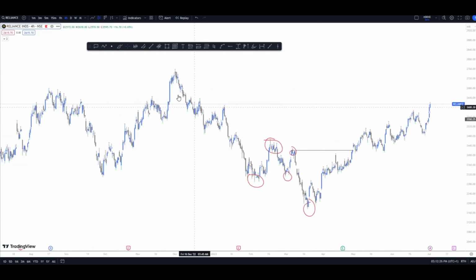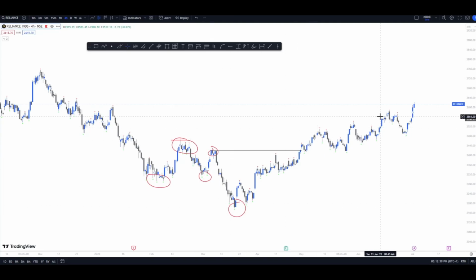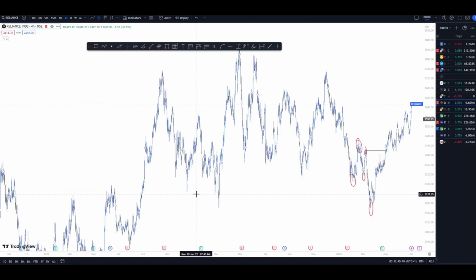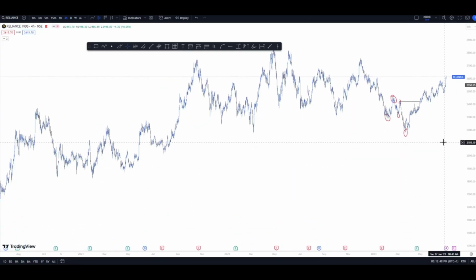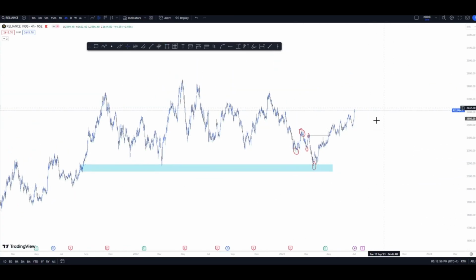They were bearish previously, and then they took the market to the upside because there was a previous demand zone. If I zoom out, you can see that we tapped into the old demand, and from there price bounced back.